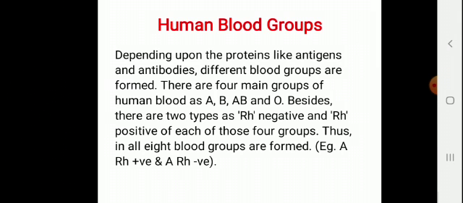The four main groups of human blood are A, B, AB and O. According to the presence or absence of Rh antigen, the blood groups are further said to be Rh positive or Rh negative. This makes total 8 blood groups which are taken into consideration at the time of blood transfusions. Blood groups are dependent on genes and they are thus hereditary in nature.